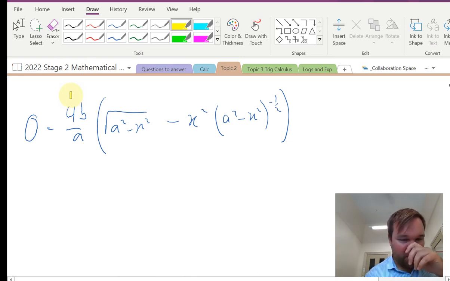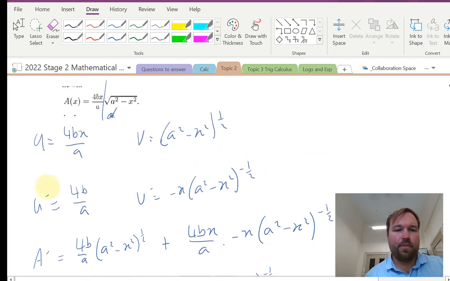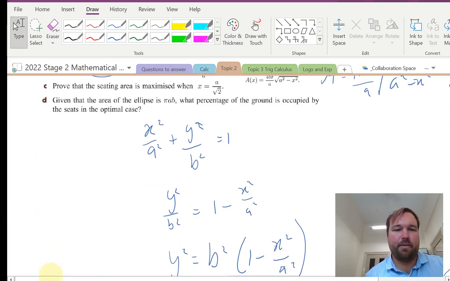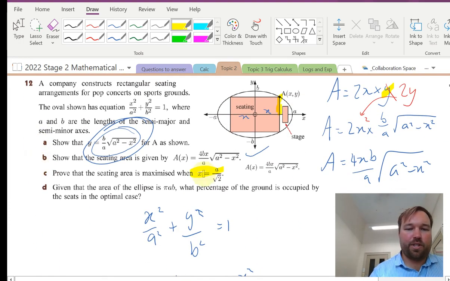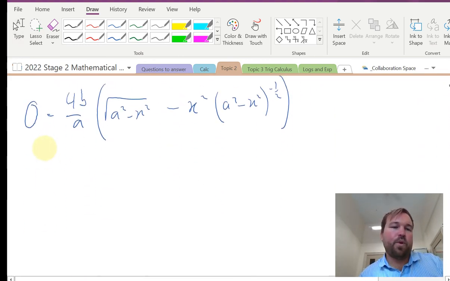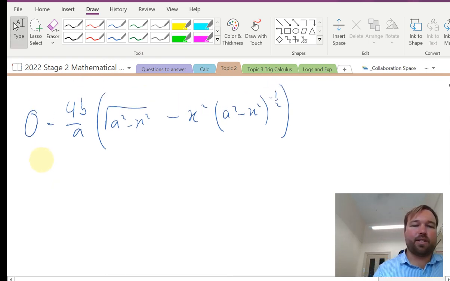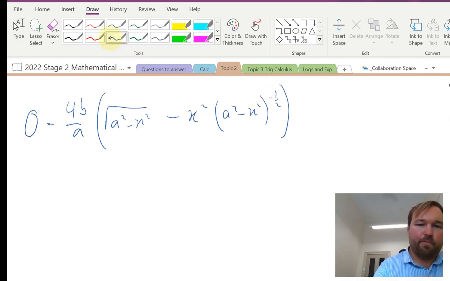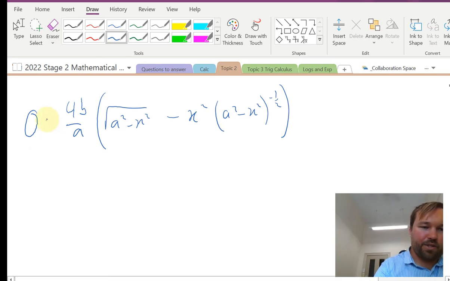So let's try step it up. Bear in mind, we do actually know our answer. It's going to be x equals a on root 2. We need to get a solution for this from inside that large set of brackets.